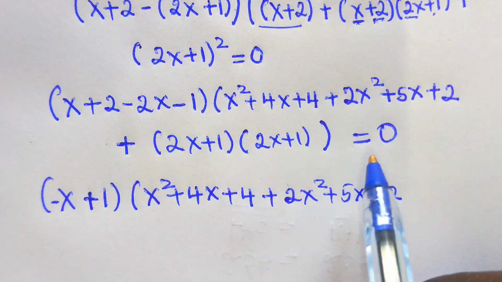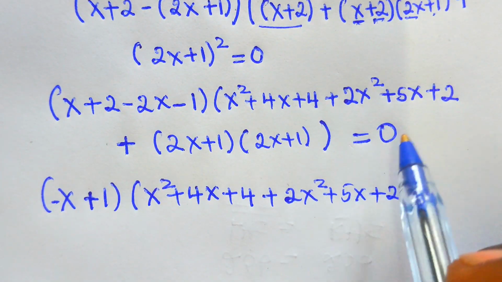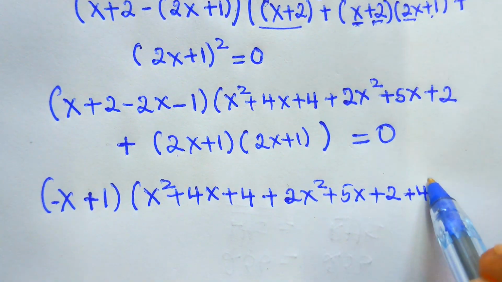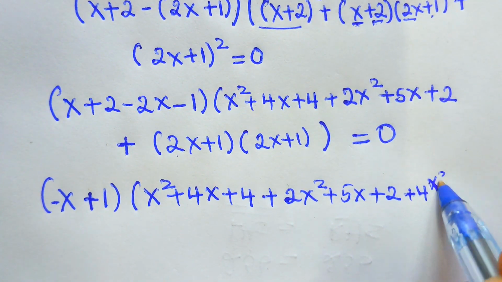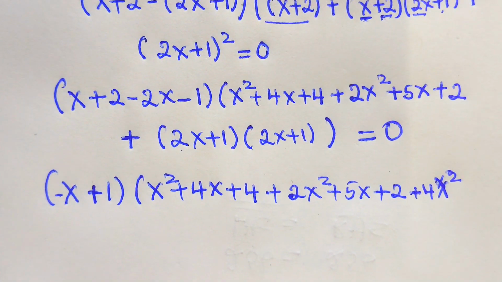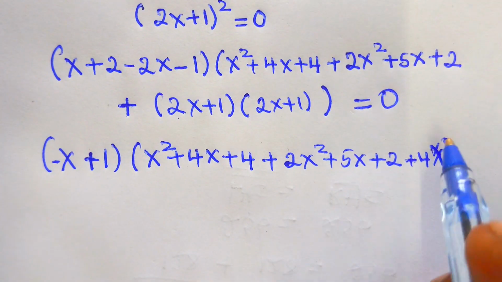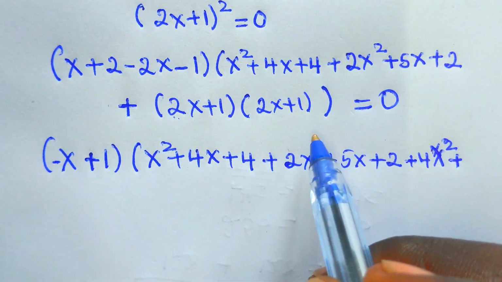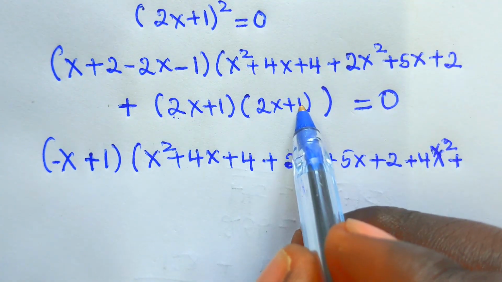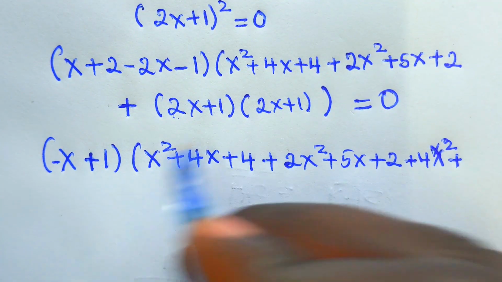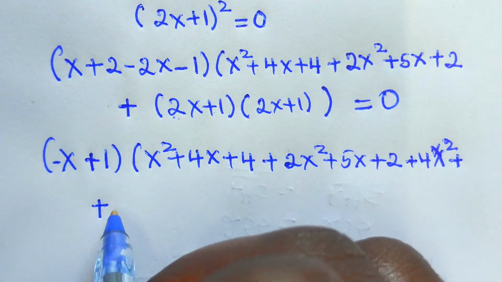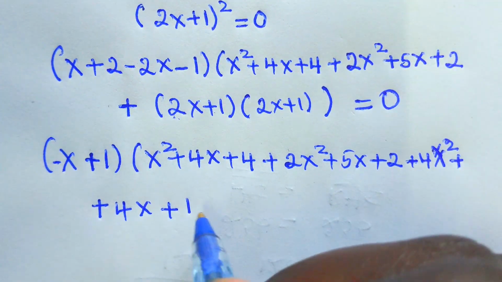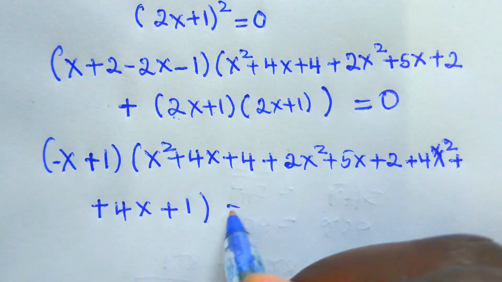Then what we have right here will be 4x, plus 4x^2, right? Then here will be plus 2x times 1, 2x times 1, here will be plus 4x, then here plus 1, close bracket, will be 0.